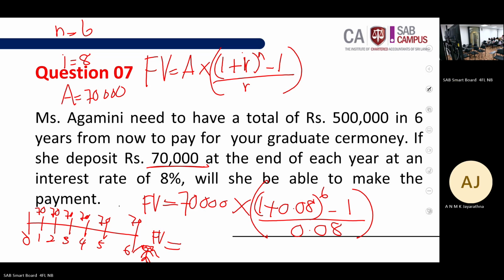$513,550. Can you check it? What is that? $513,000. 513,000. 550. 15.303.